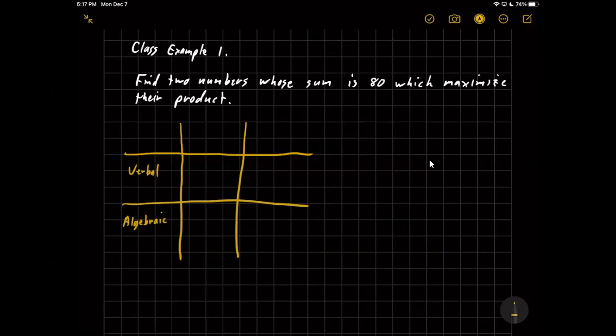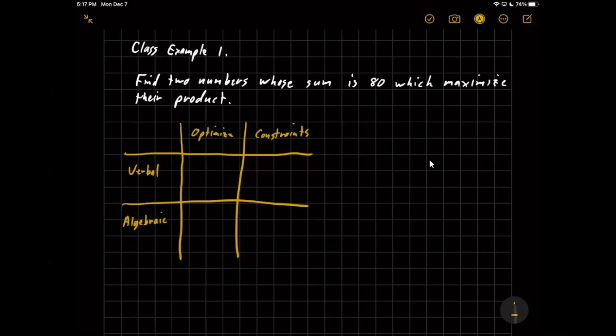The first column will be the thing we will optimize, and the second column will be constraints. Pretty much every problem will fit this pattern.